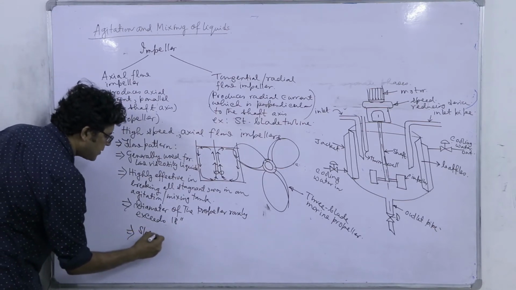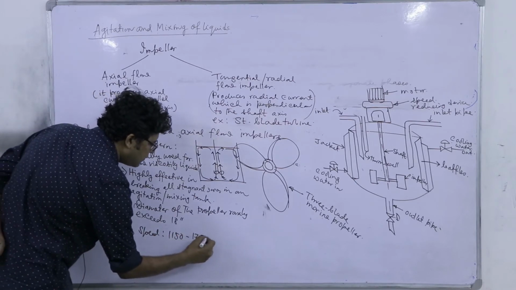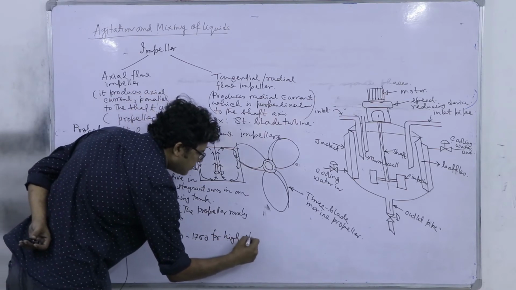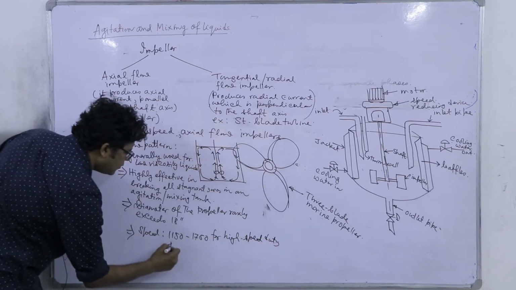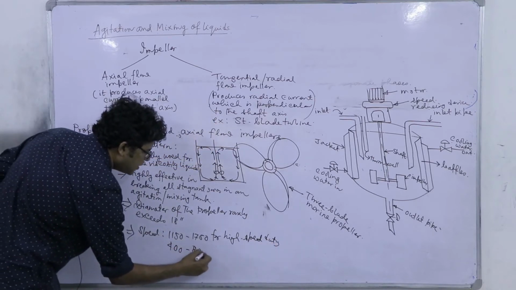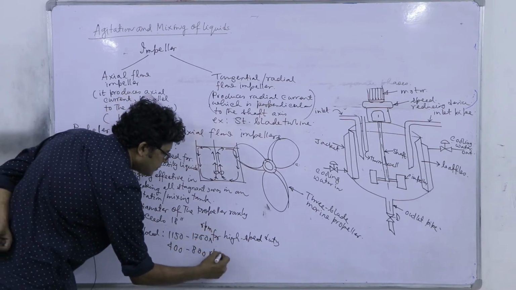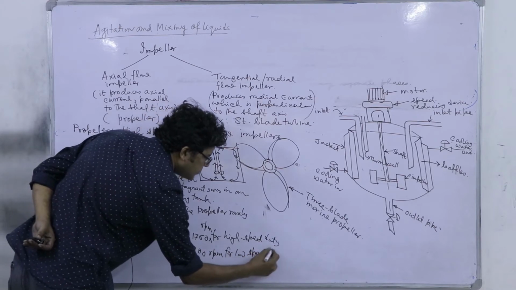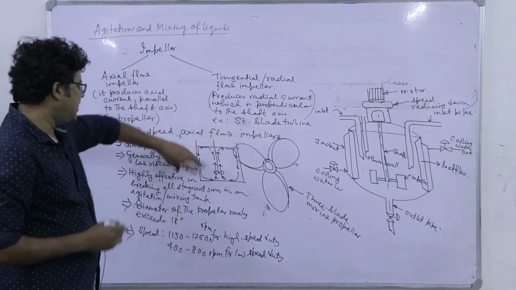Speed is 1150 to 1750 RPM for high speed duty, and 400 to 800 RPM for low speed duty. Now, when the propeller rotates, what happens?